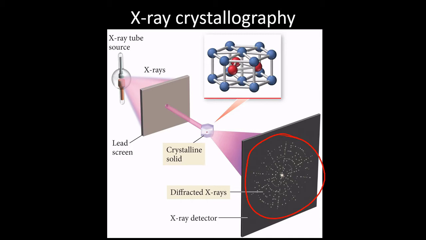You have this crystal, you shoot some X-rays in, the X-rays will bounce off of the atoms in the crystal, and based on the location of the atoms in the crystal, you will get different diffracted X-ray patterns on the detector. And again, that's very much like a fingerprint, where you can tell what you have based on the diffracted X-ray pattern.